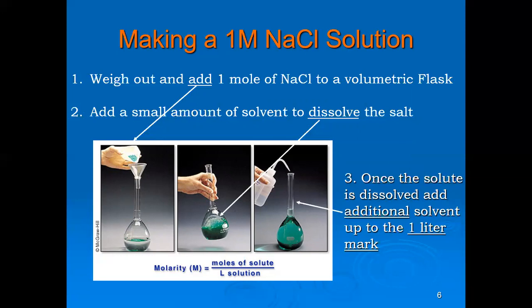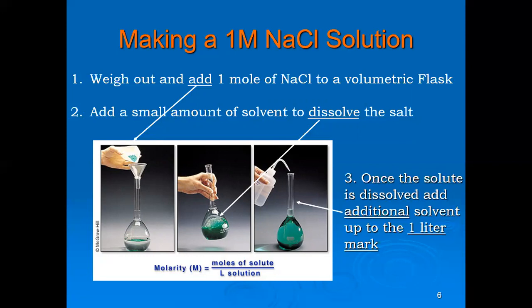Where does 58.5 come from? From the periodic table: the molar mass of Na is 23 and the molar mass of chlorine is 35.5. Adding both, we get 58.5.